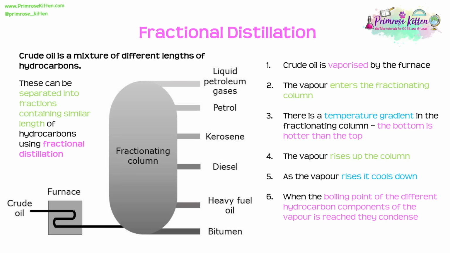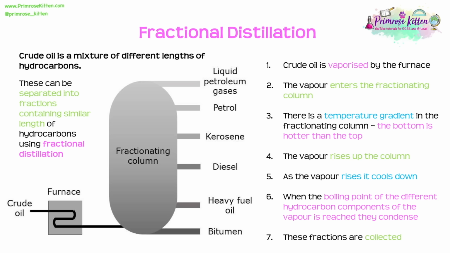This separates out these different fractions. The boiling point of the substances at the top is lower than at the bottom. So when the boiling point of the different hydrocarbon compounds gets reached as it travels up this fractionating column, the hydrocarbons will condense. Once this happens, these different fractions are going to be collected.